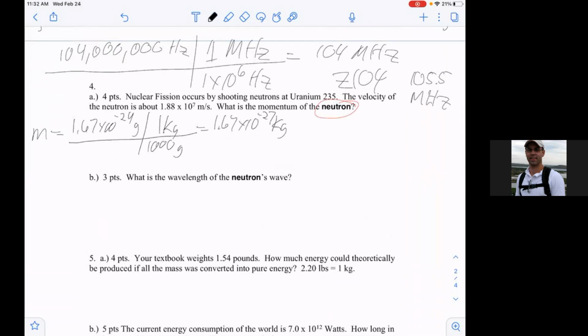Never use the caret. The velocity is 1.88 times 10 to the 7th.